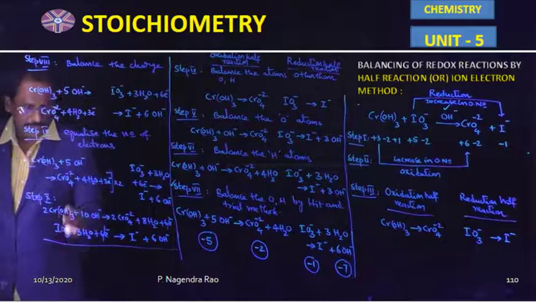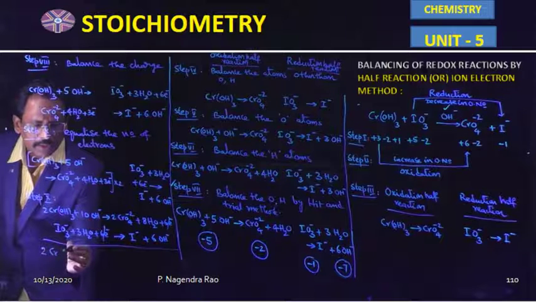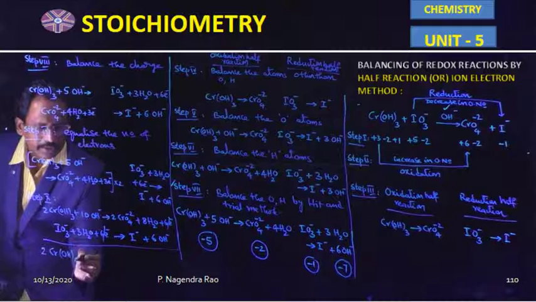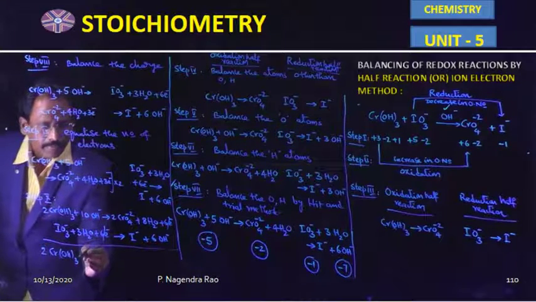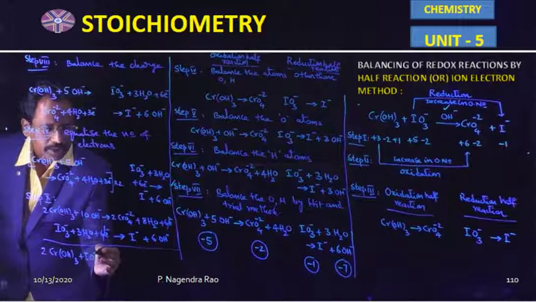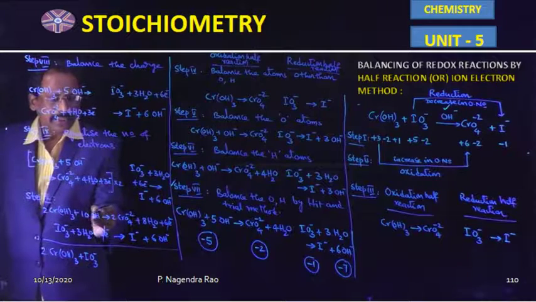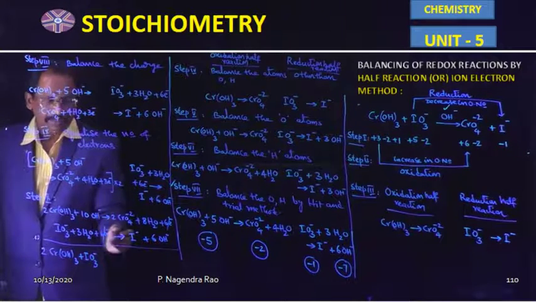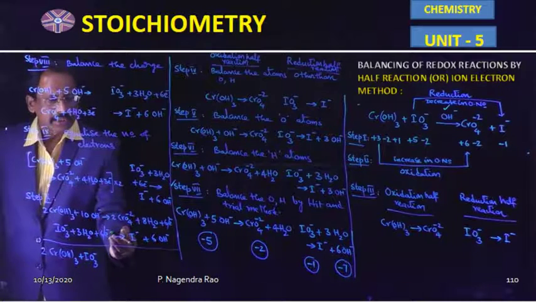Now the final answer is 2 CrOH thrice plus IO3 minus. Here in the reactant side 10 OH minus, in the product side 6 OH minus.